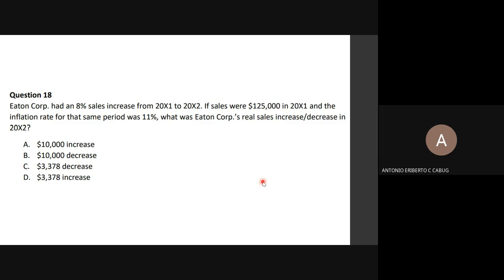Pero yung negosyo natin, hindi naman pala lumaki. Okay. So, when we evaluate the company, please remove the effect of inflation whenever it is highly material. Tingnan nga natin kung kaya niyong tanggalin ang effect ng inflation. We'll give you 2 minutes for this one.